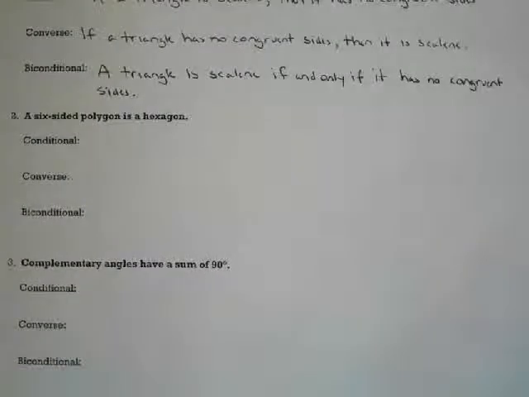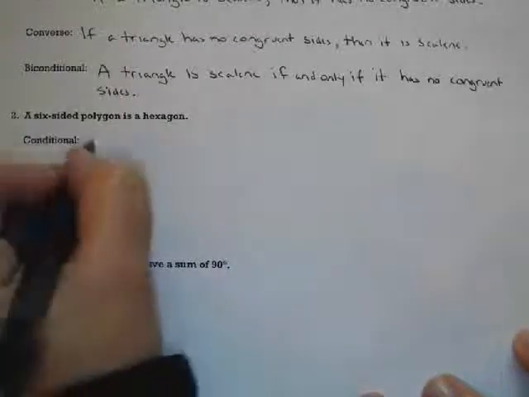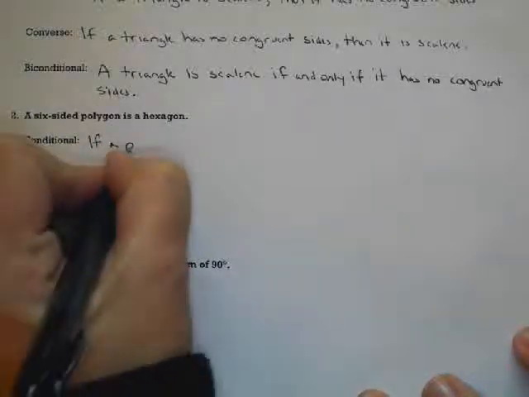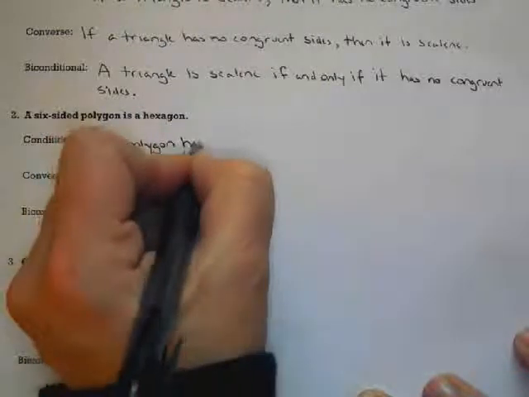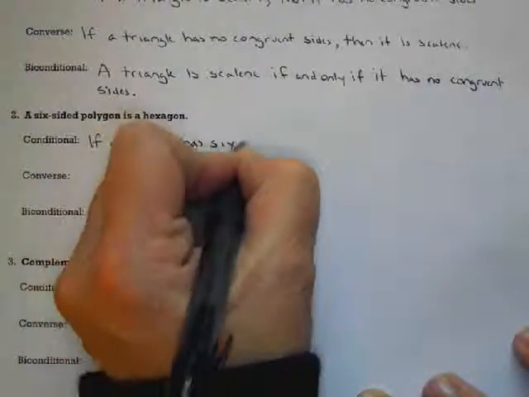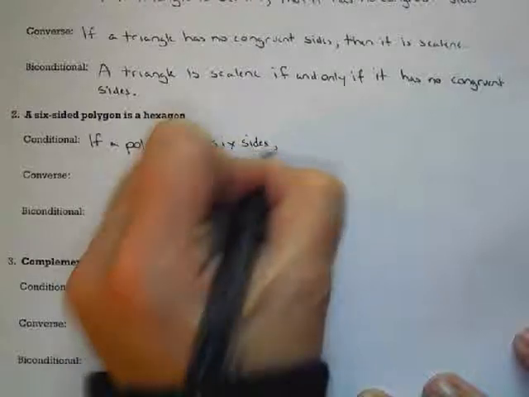Let's look at number 2. A 6-sided polygon is a hexagon. There's a couple ways you could write the conditional so that it makes sense. I'm going to write it like this. If a polygon has 6 sides, then it is a hexagon.